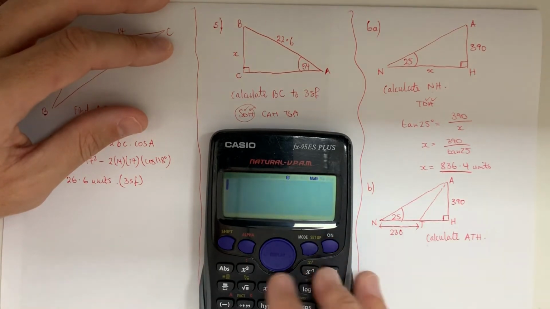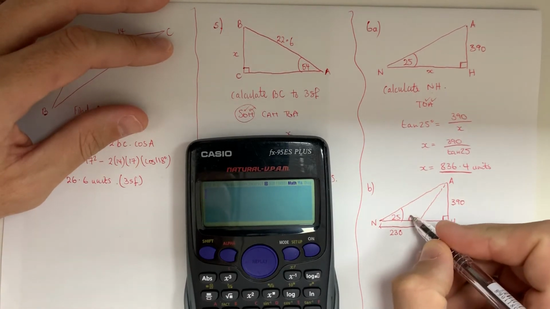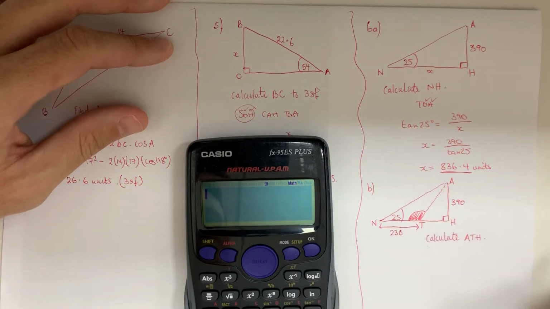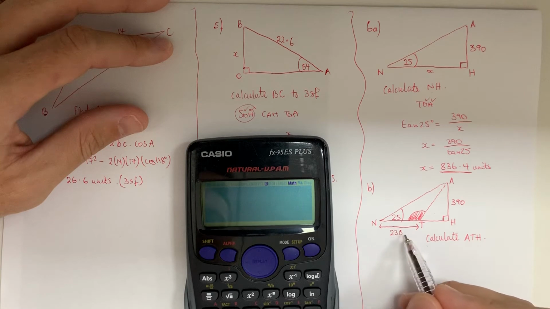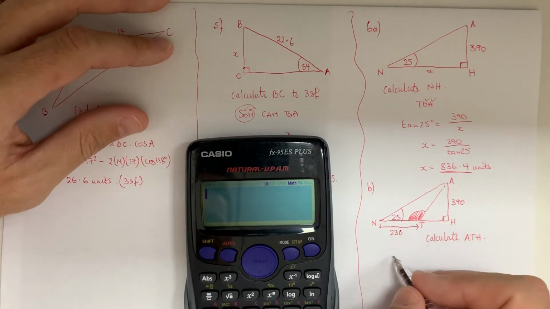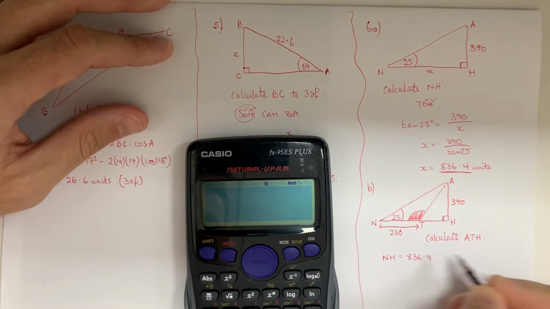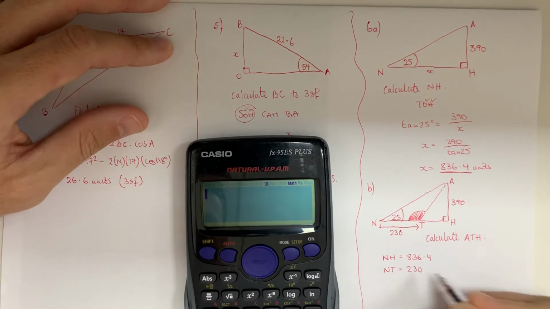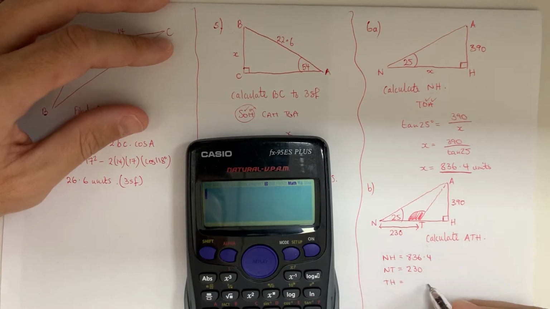Now, the next part, part B, asks me to find this angle in here, and it also gives me the information that NT is 230. So I've just calculated what NH is. NH was equal to 836.4, and I know what NT is, which is equal to 230. So to find TH, I'm just going to subtract them.